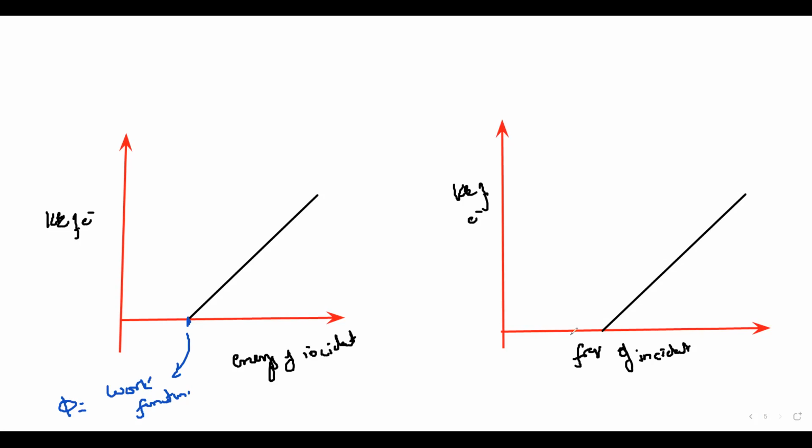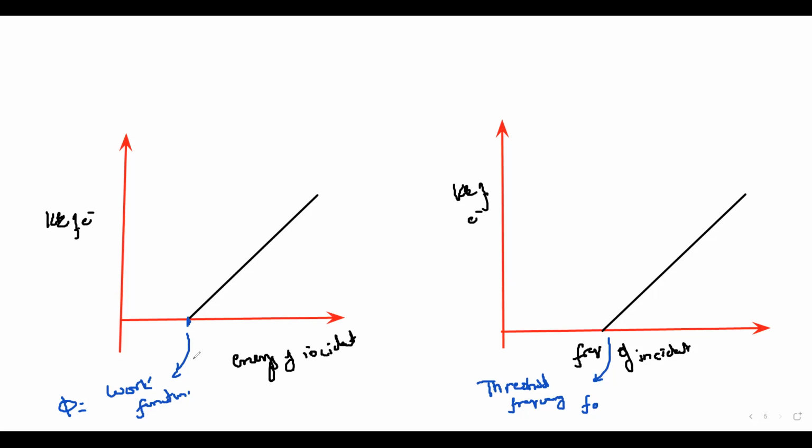And the minimum frequency needed to remove the electron out is known as the threshold frequency, denoted by f naught.